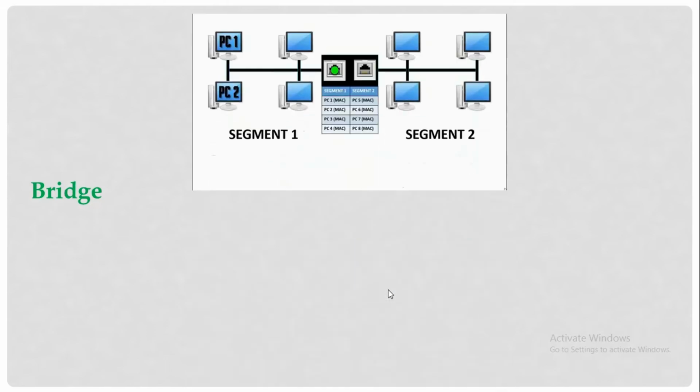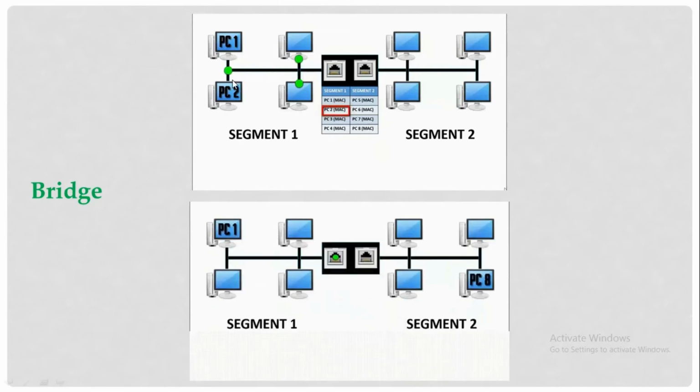And the next device is the bridge. When two different networks are to be interconnected with each other, we can use a bridge. When the information from PC1 has to be transmitted to PC2, the information will be transmitted to the bridge, and this information contains the destination address, so that the bridge can retransmit the packet to the destination.